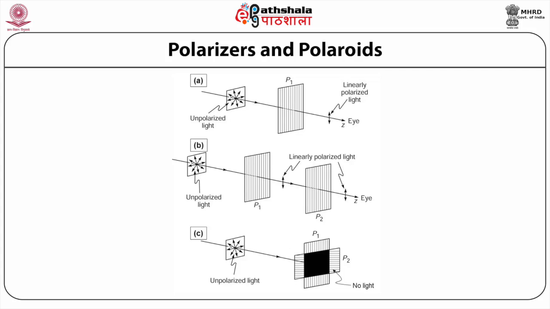The polarization axis of the analyzer is such that it is perpendicular to the polarization axis of the light transmitted through the first polarizer. So in principle, you should not see any light coming through the analyzer when the axes of the two polarizers are perpendicular to each other. And this is how you can analyze the polarization axis of the light.